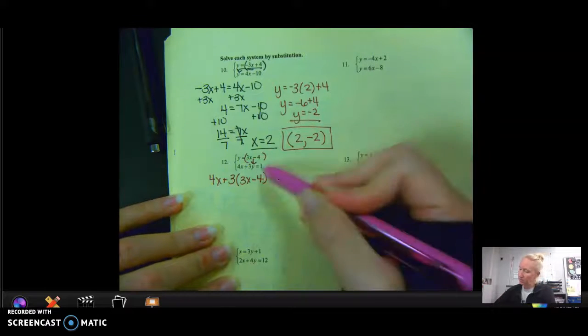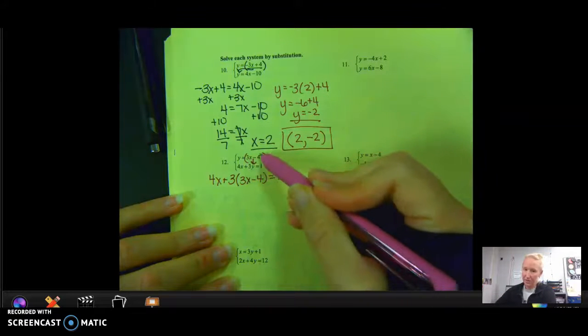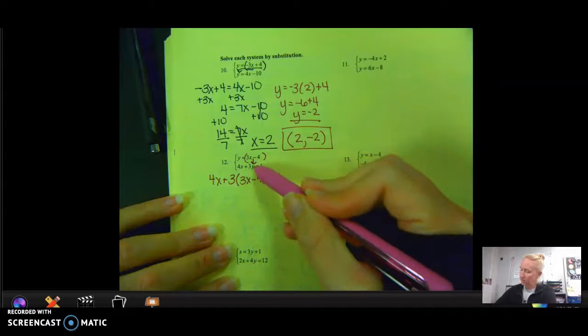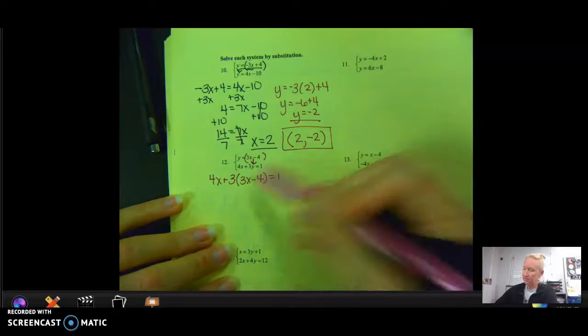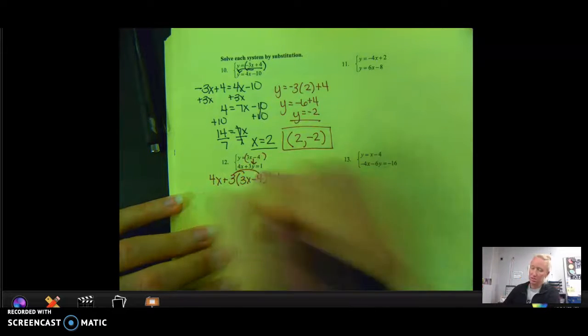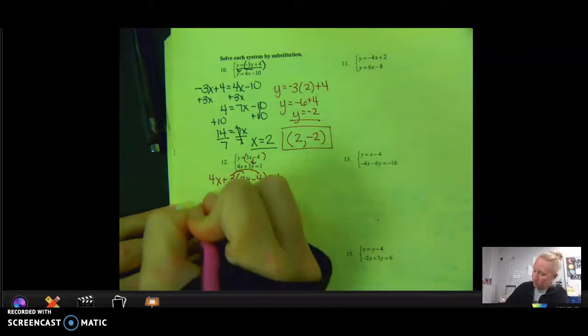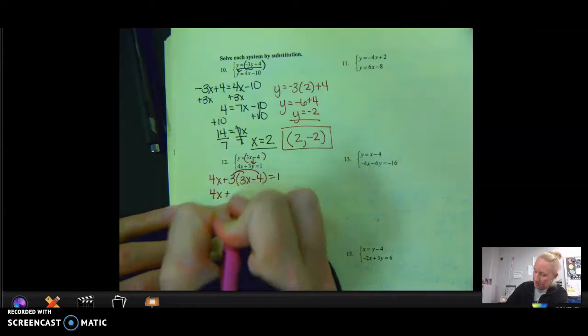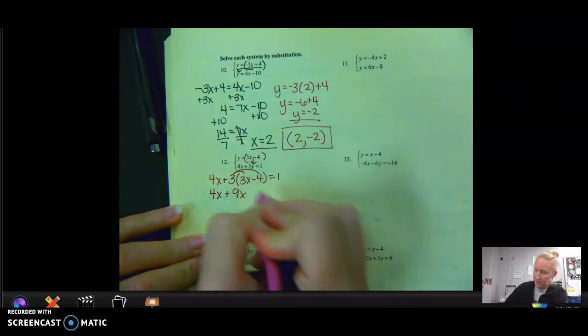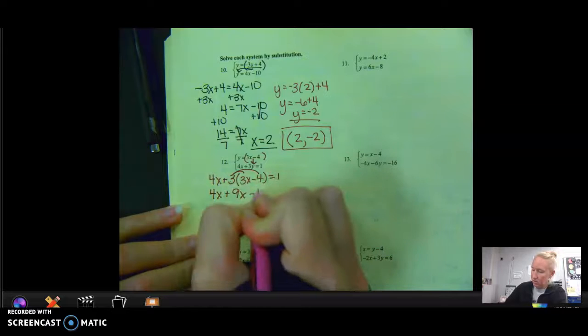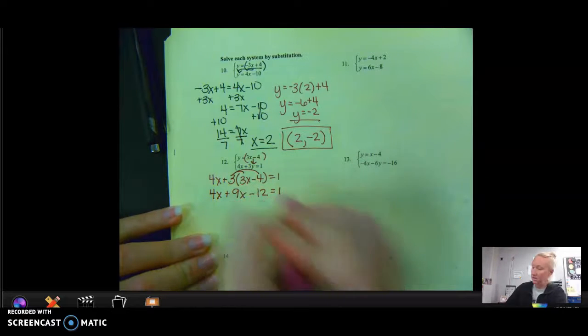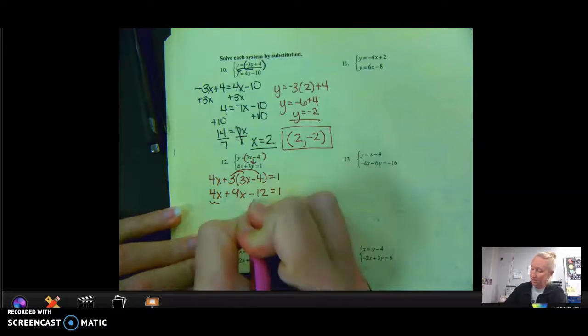So again, y equals this whole thing, and I plugged that whole thing in for y right here. You're going to have to distribute to get rid of those parentheses. So 4x stays there, plus 9x, because 3 times 3x is 9x, minus 3 times 4 is 12. That equals 1.